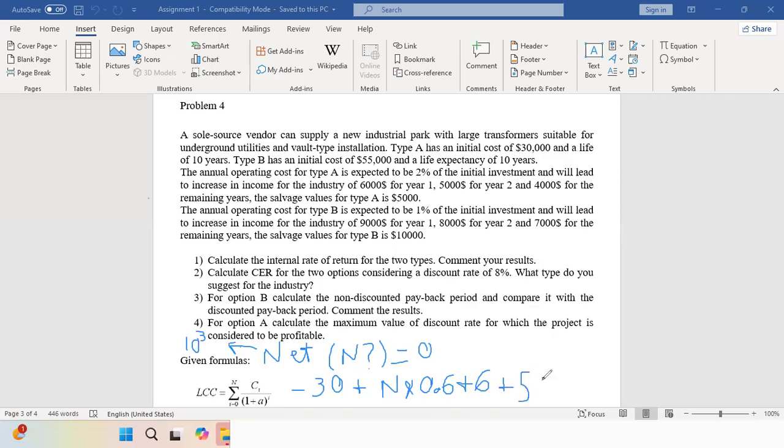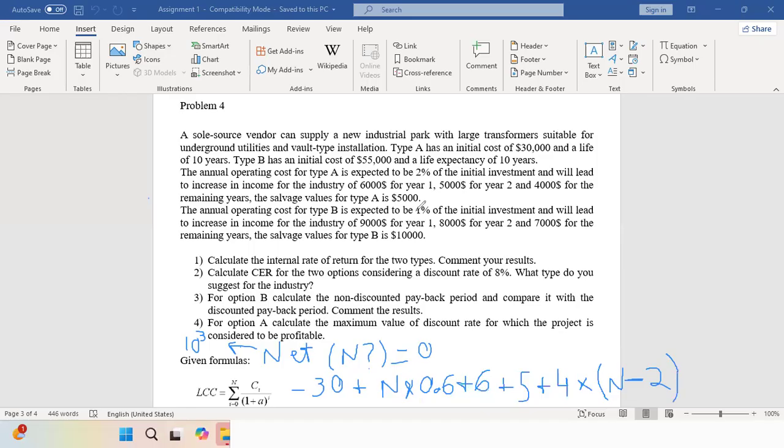So we do plus 4 times N minus 2, since we already have 2 years and the 4,000 is from year 3 to the remaining years. So plus N minus 2 times 4.